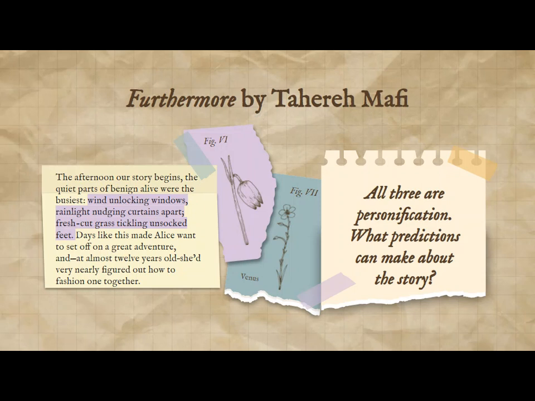Some predictions that we might make about this story is that the nature and the weather is actually going to be an alive character in the story, because if already it's being personified in the beginning, that's something that we can see throughout the story, that nature is going to be very important. So that's what we're looking for with our figurative language, is what predictions it can help us make about a story.